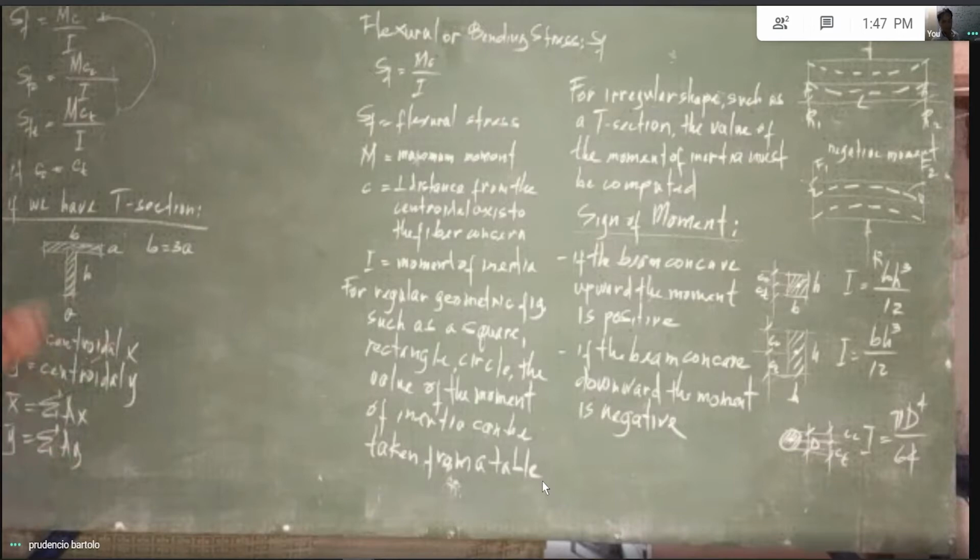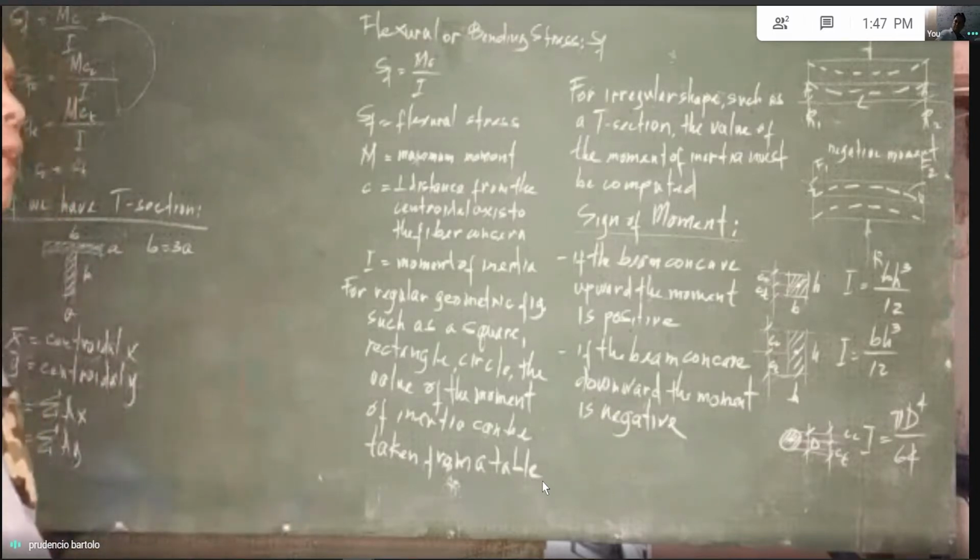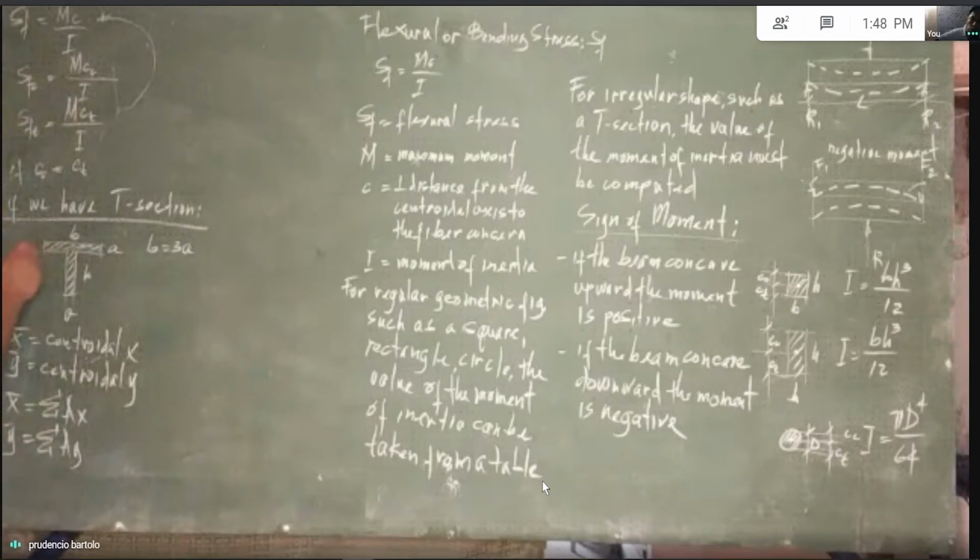That means a distance from the reference x-axis to the centroid of each of the figures involved. In this particular case, we have figure number 1 here on top and figure number 2 here below.